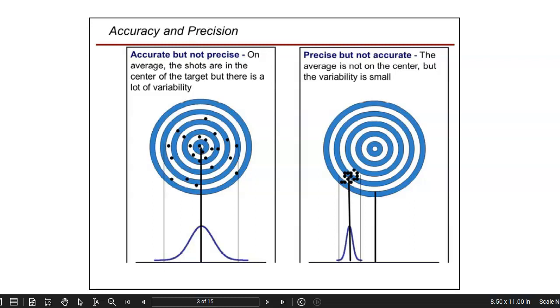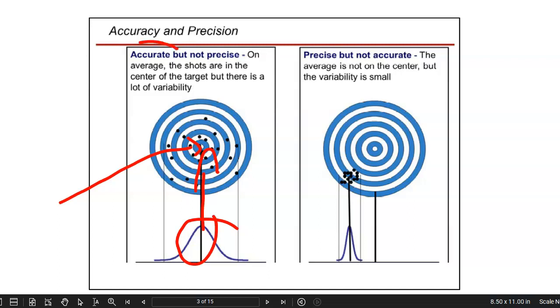Accuracy is about, if this bullseye were the standard or the part or the phenomena that we knew happened, and it had a true or real value, and we were to measure that phenomena or that part or that transaction, the same one over and over again, what would its average be over the course of multiple measurements? We call that accuracy. In this particular picture, the average of all of those data points is exactly what the true standard is.